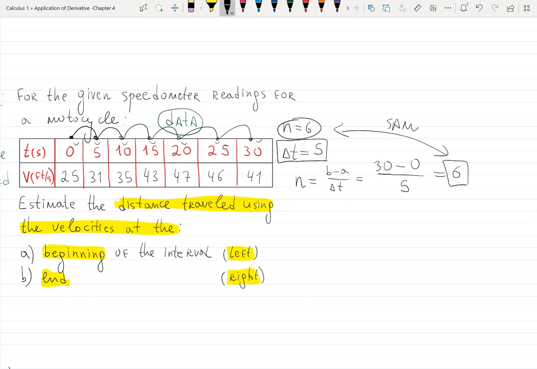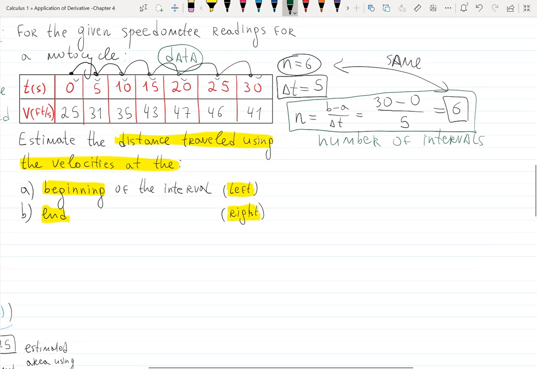So either you calculate by hand if we don't give you too many, but if we give you 25 intervals, that's going to be annoying by hand, so you use the formula for the number of intervals. We have 6 intervals. Okay, let's do it very fast.